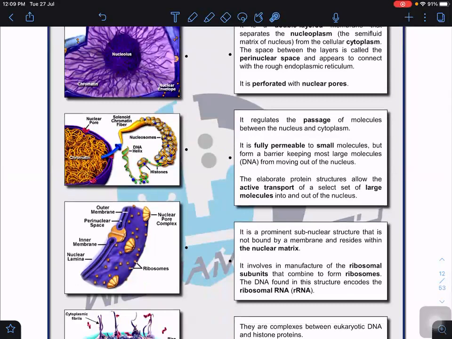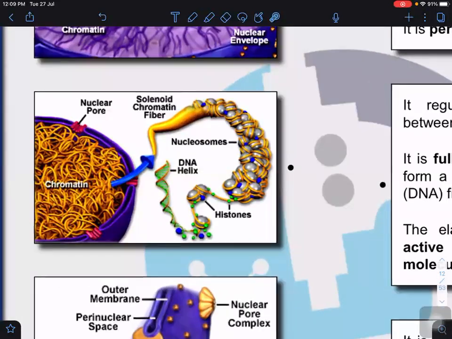Then the next structure is the chromatin. In the previous lesson, we talked about DNA. Enlarging this diagram, you can see that first you have the DNA, a double helix. This double helix DNA is wrapped around the histone protein to form a thread-like structure, known as chromatin or chromatin fiber.